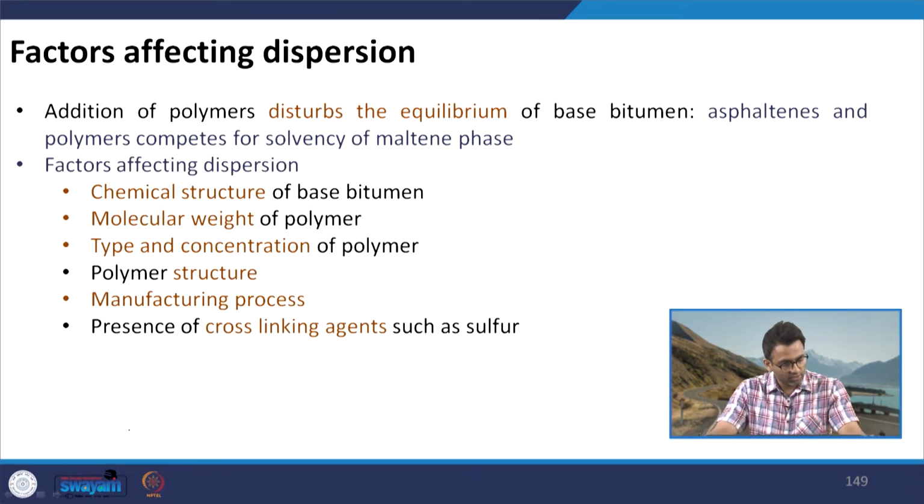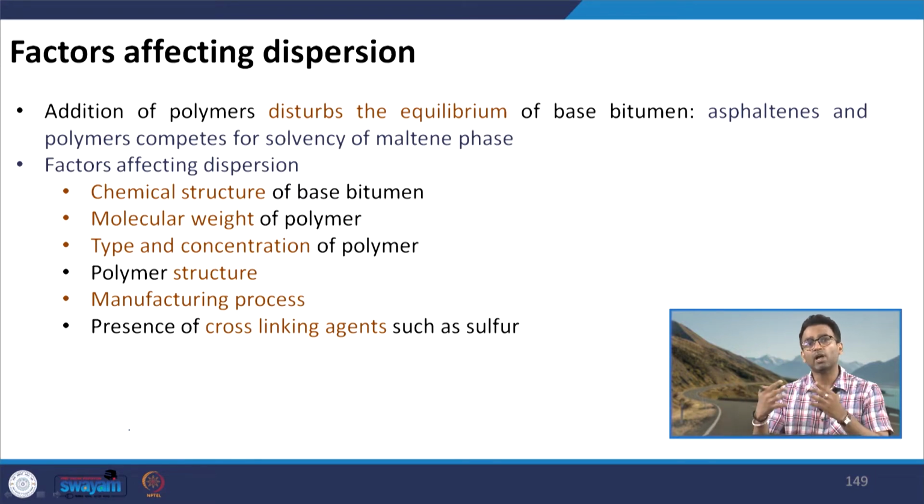So, the various factors that affect dispersion include the chemical structure of the base bitumen and the molecular weight of the polymer. In the same type of polymer, we can have polymers of different molecular weight. Let us say we can have an SBS polymer, one SBS polymer having a linear chain, another having a radial chain. Some polymers can have a star structure.